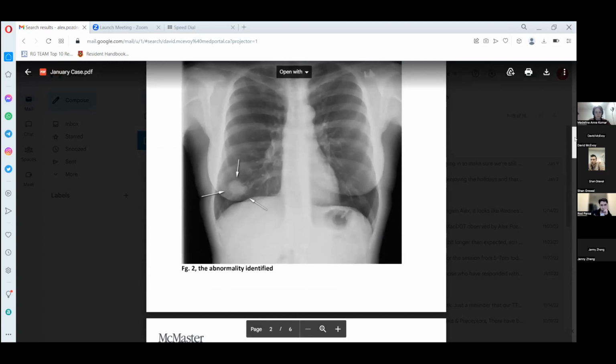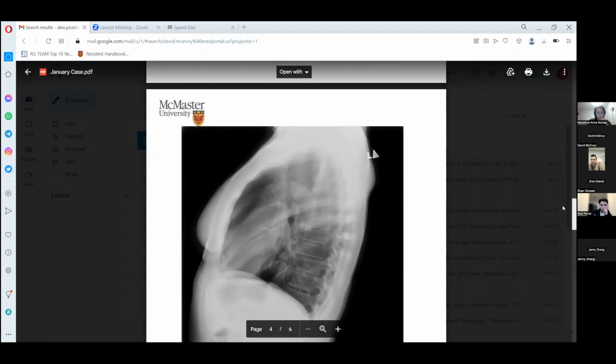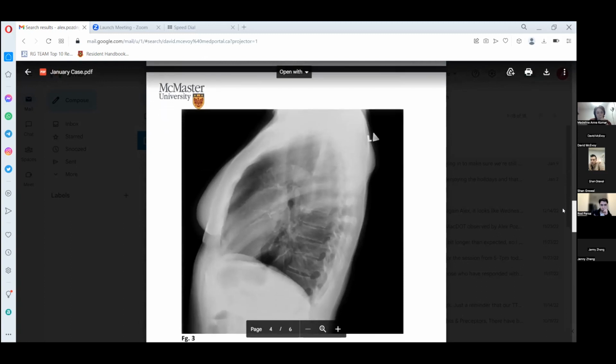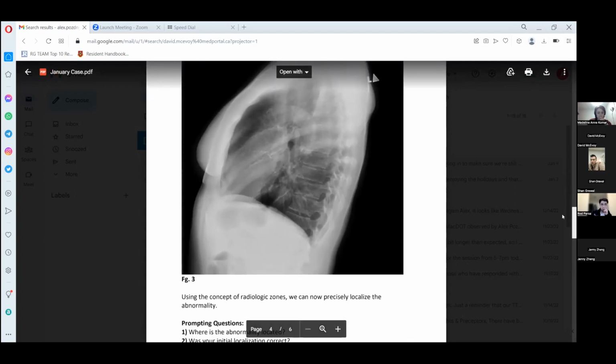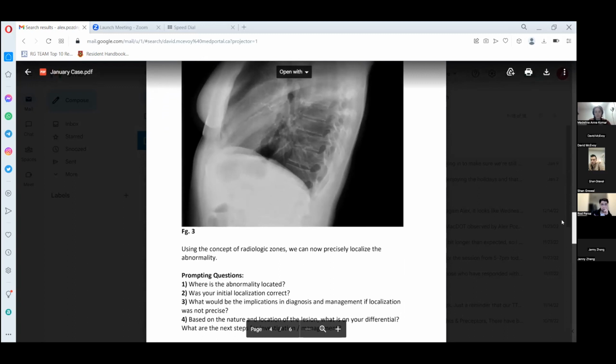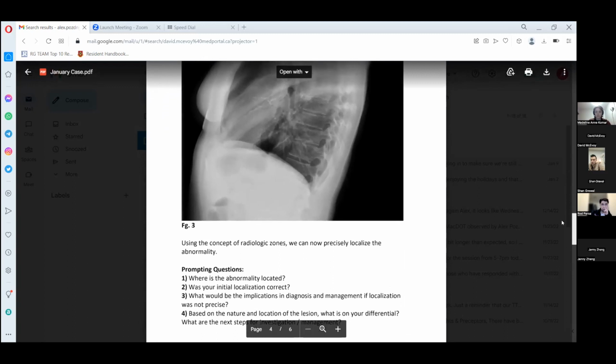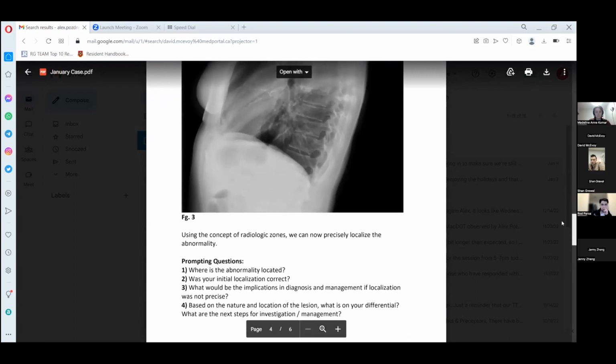This could certainly be suspicious because it's also in the lower lung zone. So we kind of localize it to that area. All right, so let's see some other questions.